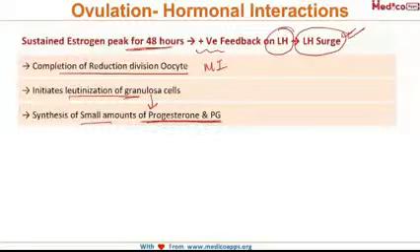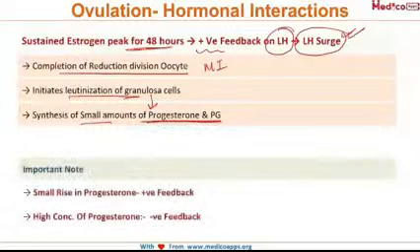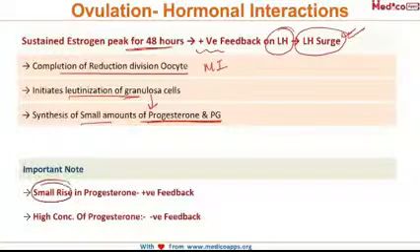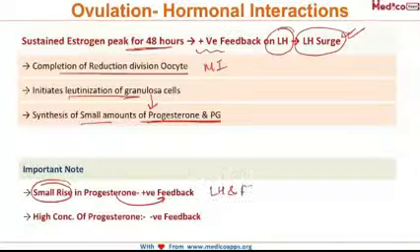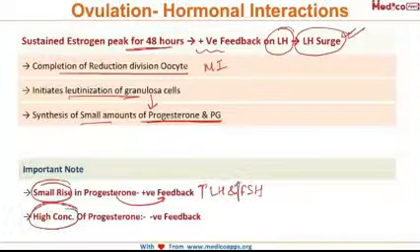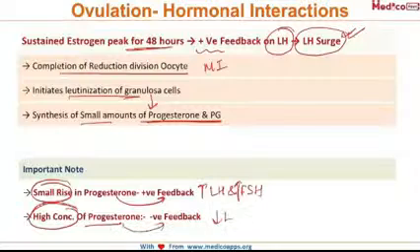Now, I have already told you that a small concentration of progesterone leads to a positive feedback action on the LH and the FSH, subsequently increasing the LH and FSH values. Whereas a high concentration of progesterone has a negative feedback action on the LH and FSH, subsequently decreasing both the FSH and the LH.